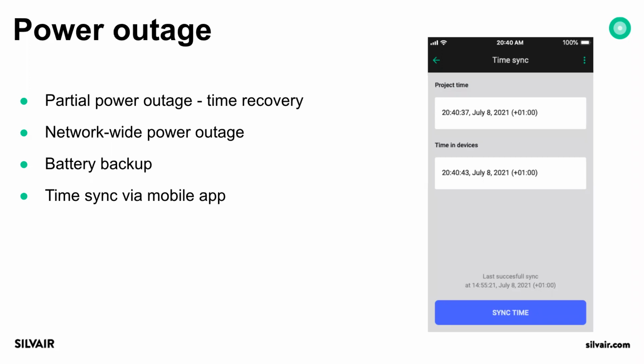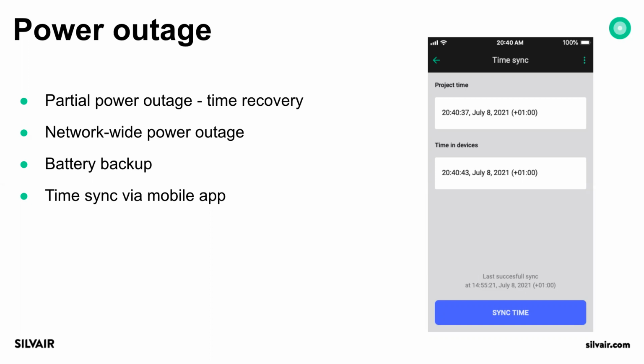After the power is back on, the accurate time would still be available for the time authority, which would be the real-time clock, and it can propagate this accurate time to the network.